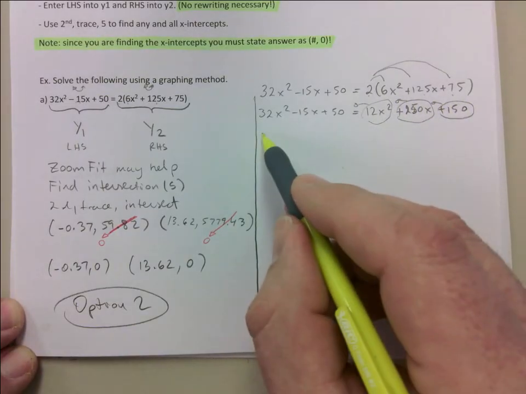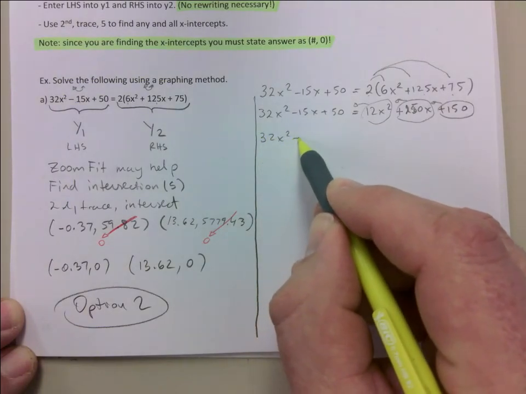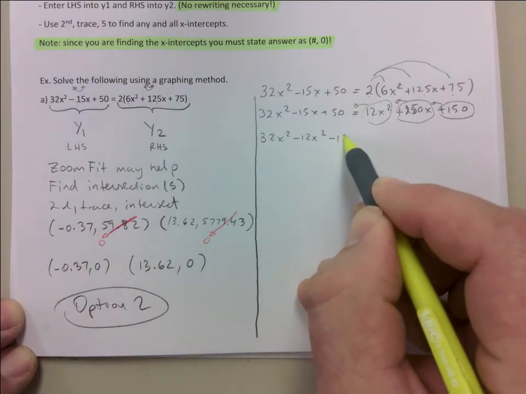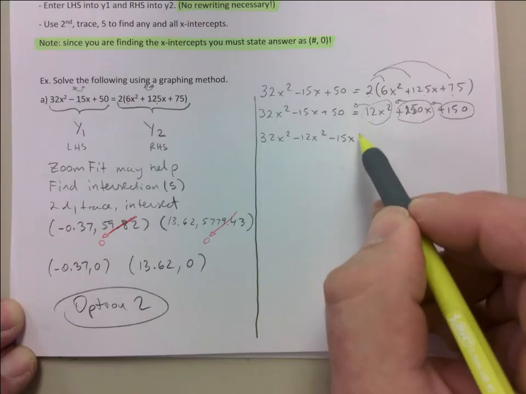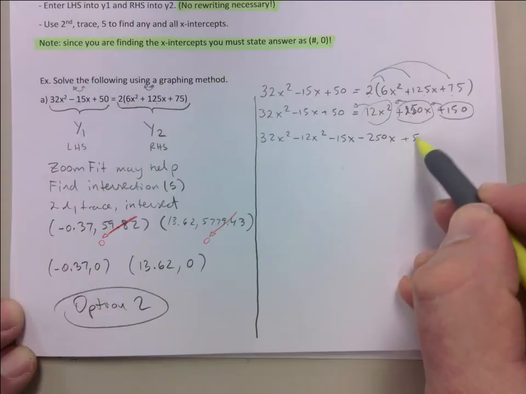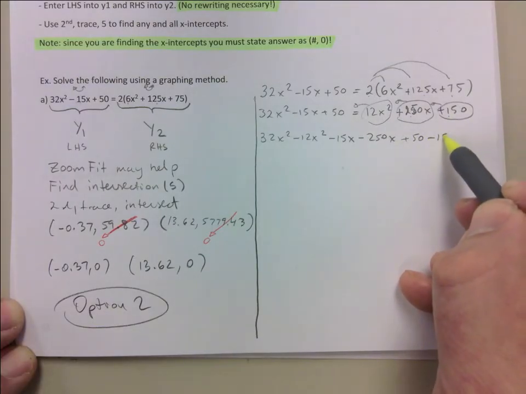Okay. So it's 32x squared minus 12x squared. And then you've got the minus 15x. You bring this over, minus 250x plus 50. You bring this over, it's minus 150.